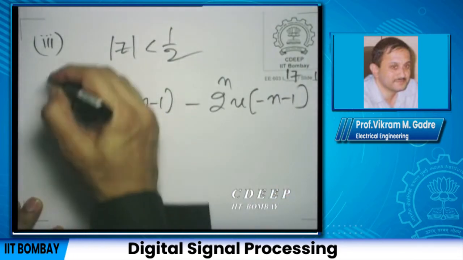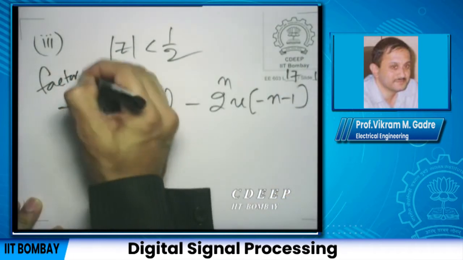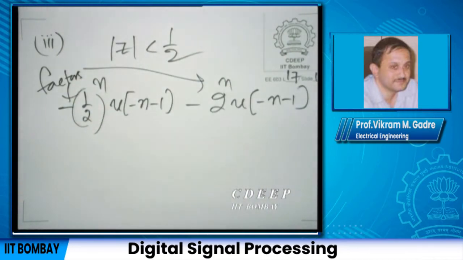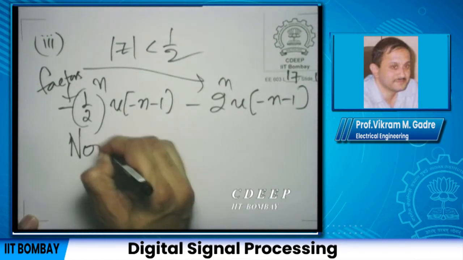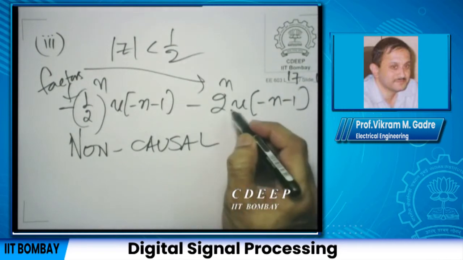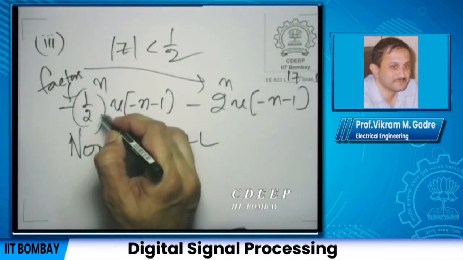Here again the factors should come. 4 by 3 and minus 1 by 3. That is okay. That does not seriously affect the result. But clearly, this is totally a left sided sequence, this is non causal. And here it is not this, but this term that creates the problem.